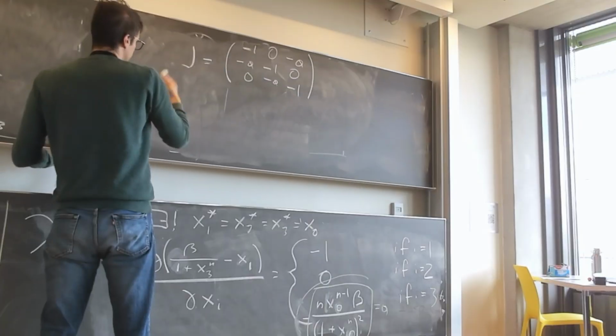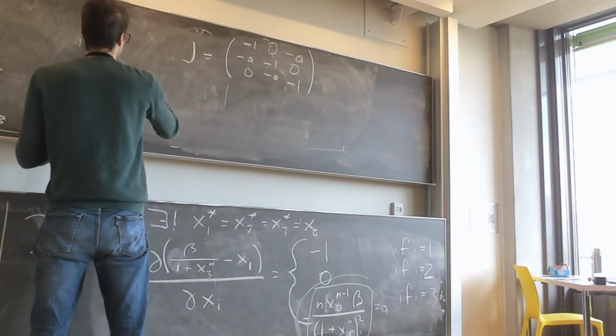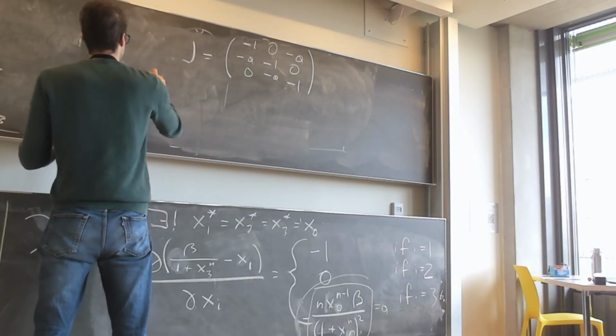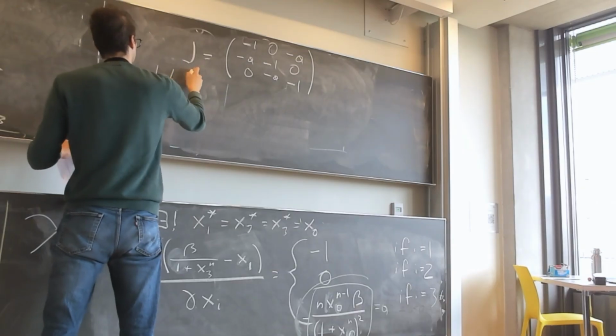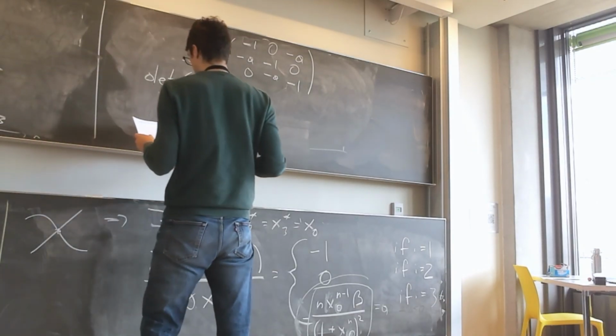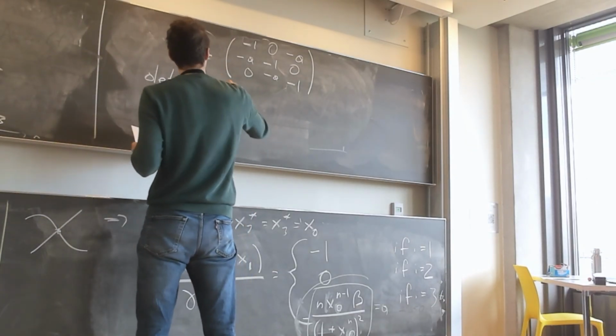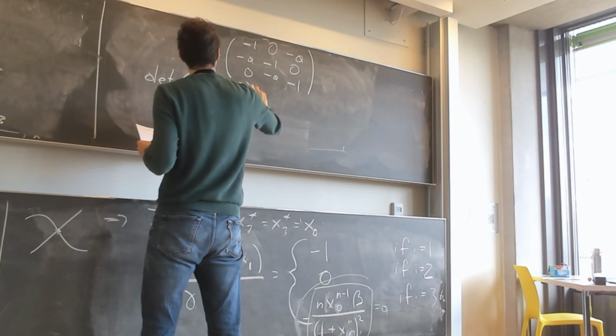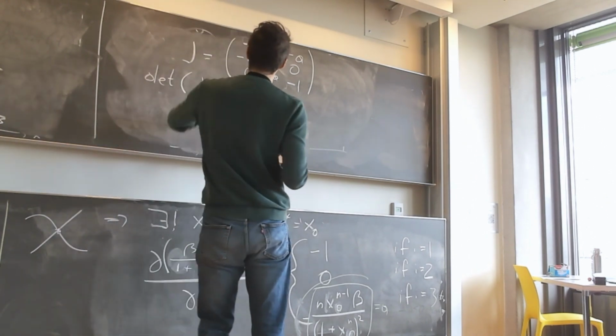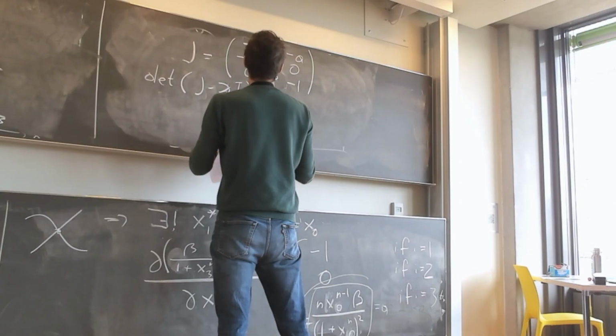Okay, now we determine, of course, the eigenvalues, which is just the determinant of J minus lambda I. And here this is kind of not too difficult to do.